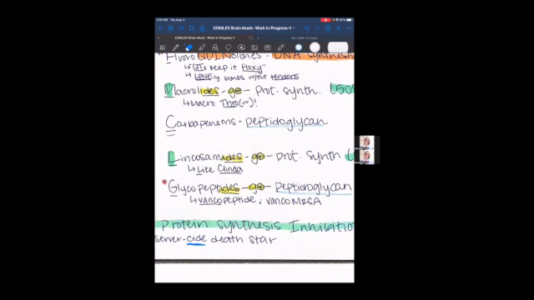So we have macro throw, like your big throw, you're throwing that ball. Macrolides, macro throw, or azithromycin, all your throws. It works. So there's that one, our macrolides and our macro throw.